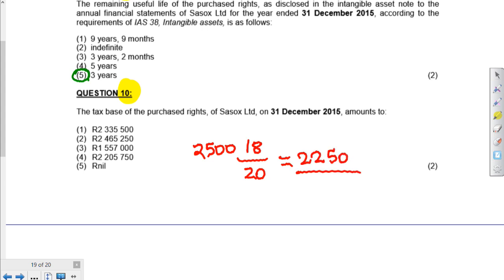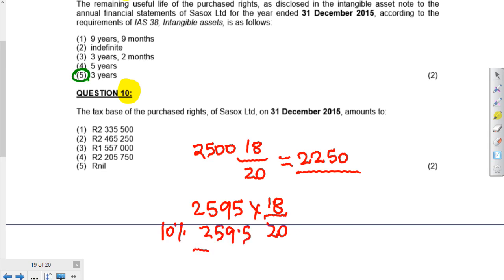However, that answer wasn't there, so then if you take 2595, if you leave the legal fees in, and you times by 18 over 20, in other words, you take 10% off, whichever one you want to do, because when you take 10% off, that's 5% for 2014 and 5% for 2015, it gives you 2335.5, and then it is answer 1.